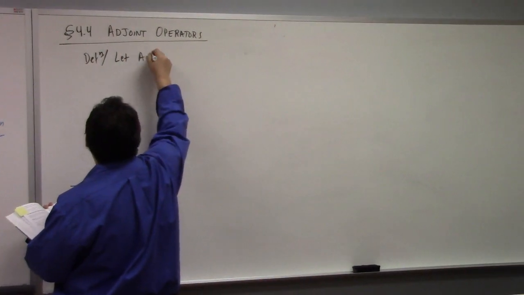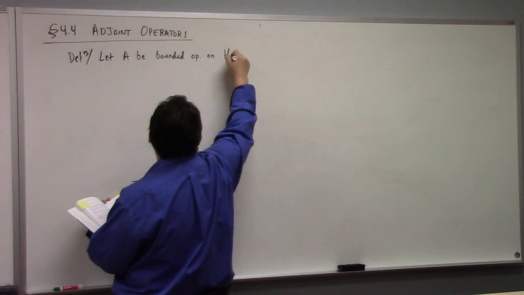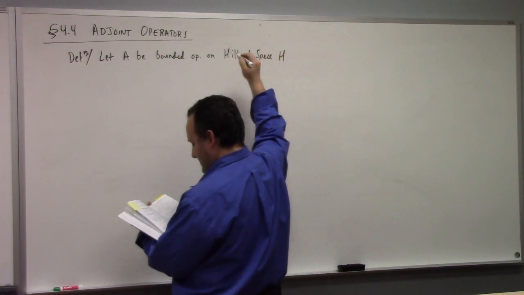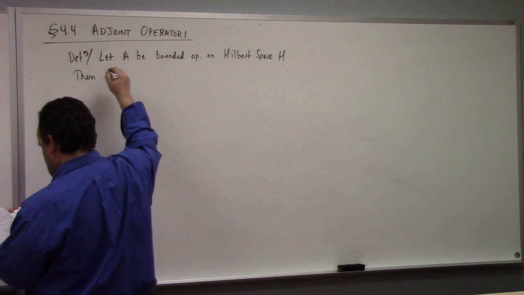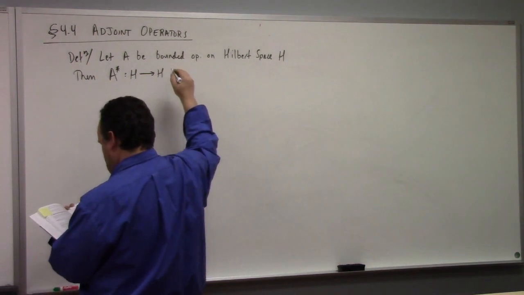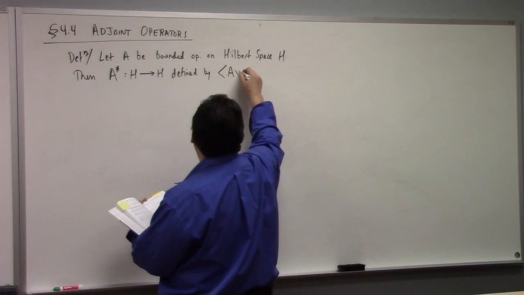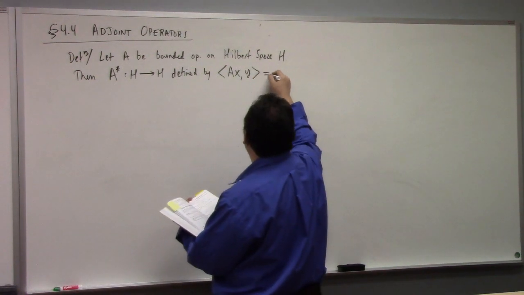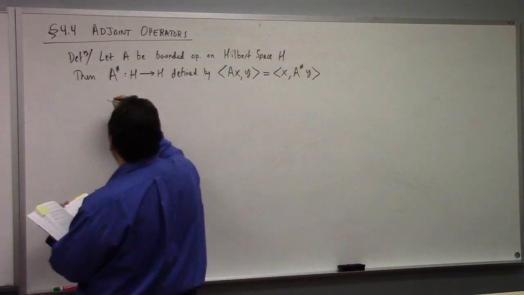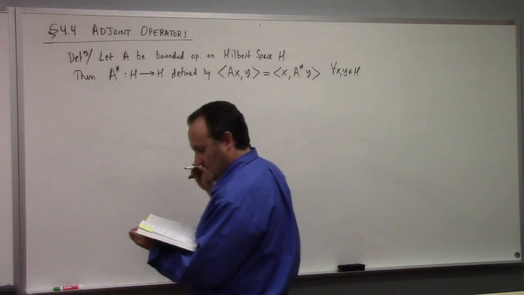Let A be a bounded operator on Hilbert space H. Then A star, upper star, from H to H, defined by the inner product of Ax, y equals the inner product of x with A adjoint y for all x and y in H, is called the adjoint operator of A.